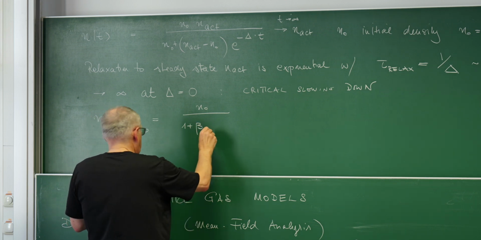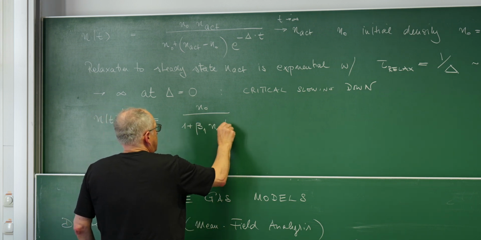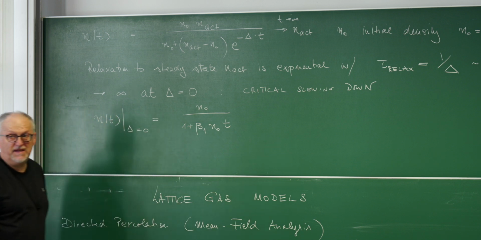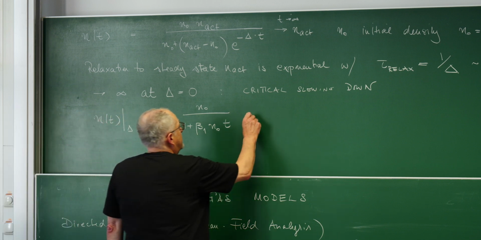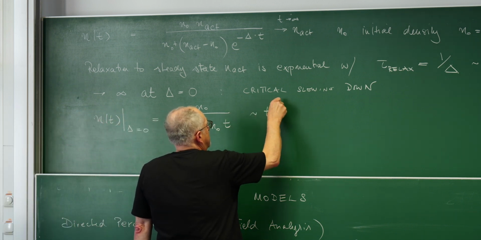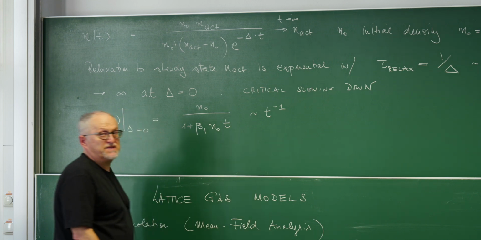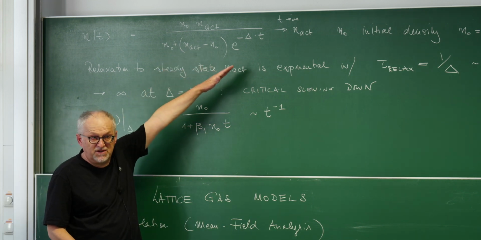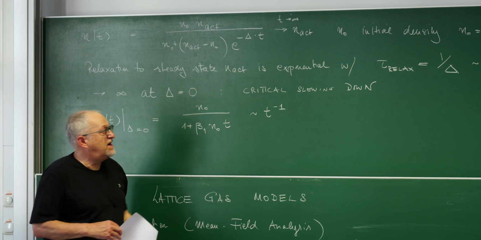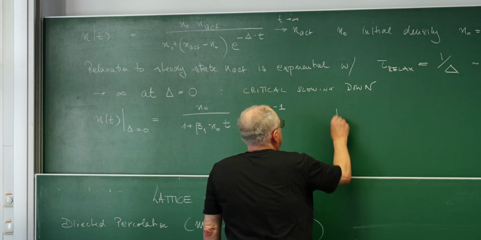Beta 1 n naught times t. And that means you have an algebraic approach. This goes like t to the minus 1 as t goes to infinity. So you no longer have exponential relaxation to the steady state. You have a power law relaxation.